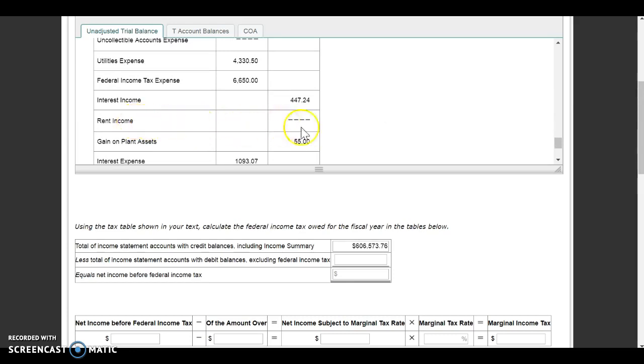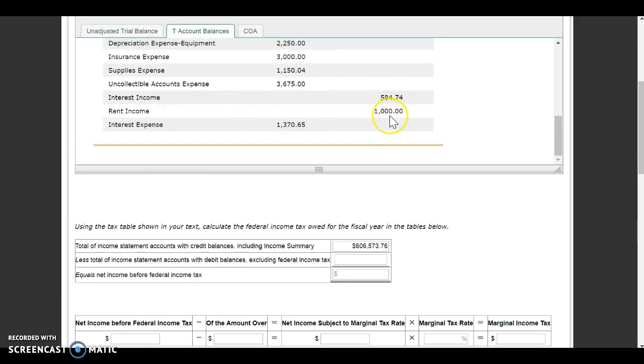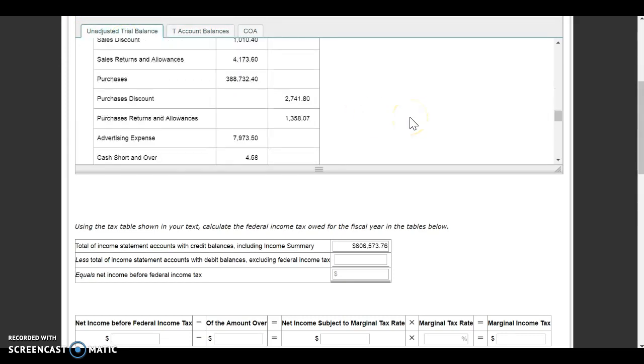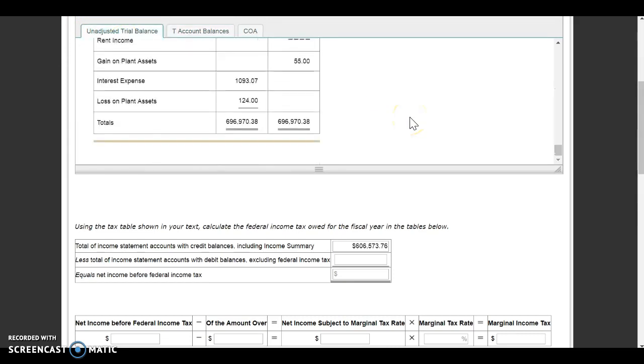Okay, now I need to look for my rent income. So my rent income here is listed as 1,000, so I'm going to add that. And then it looks like my last credit that I have listed is this $55 to gain on plant assets. I did not adjust that, so I'm going to just add the 55.